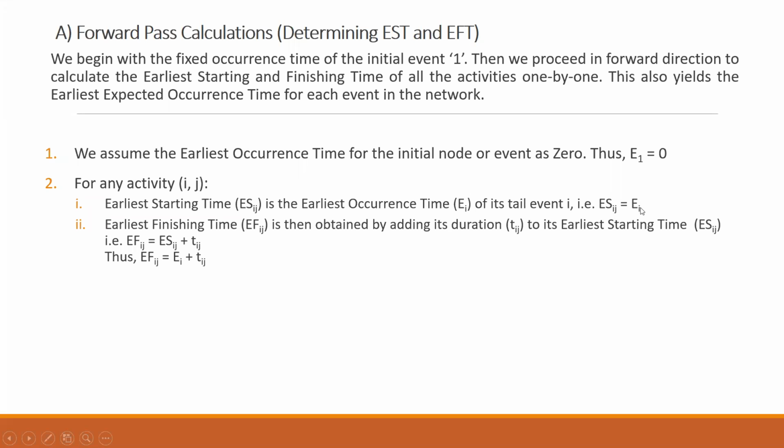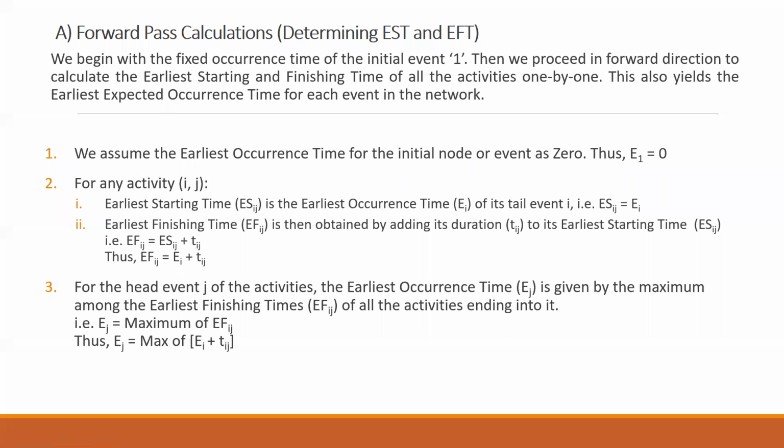If this is the first node or first activity, this will be E1, that is 0, plus Tij. So EFij is equal to Ei plus Tij, or you can also use the early start of the event plus Tij. But because this is the same as Ei, we can also use Ei plus Tij.